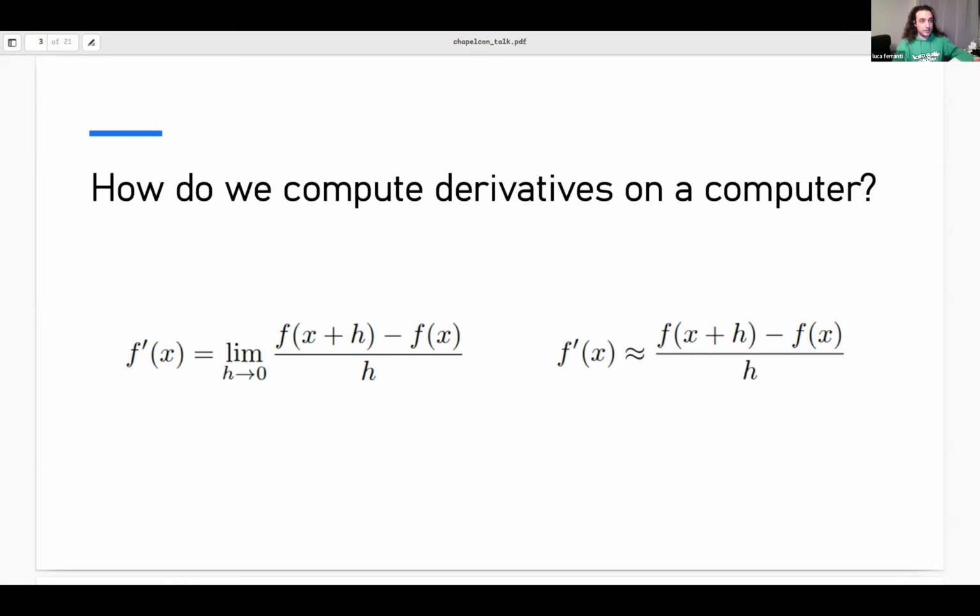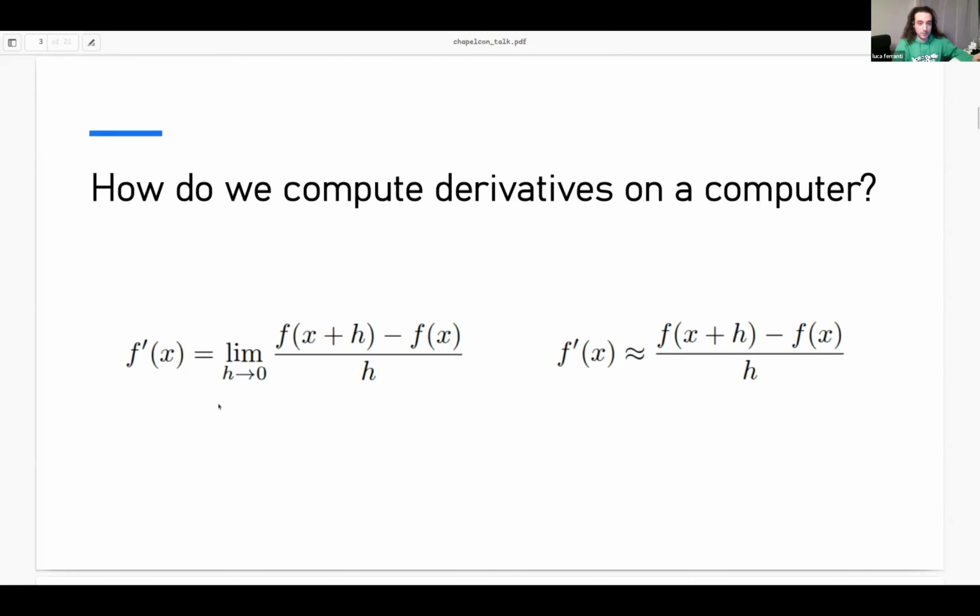So let's first see how we would compute derivatives on a computer. Here on the left, we have the definition of a simple derivative that you may recall from high school. We have this limit when h goes to 0. Basically, it's an infinitesimally short step in the x direction: what is the corresponding change in the output when I slightly change the input?